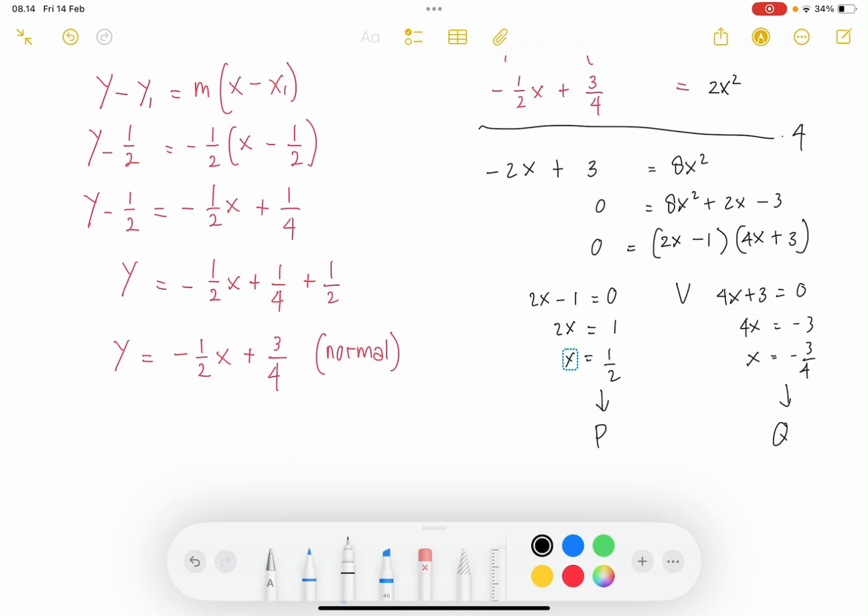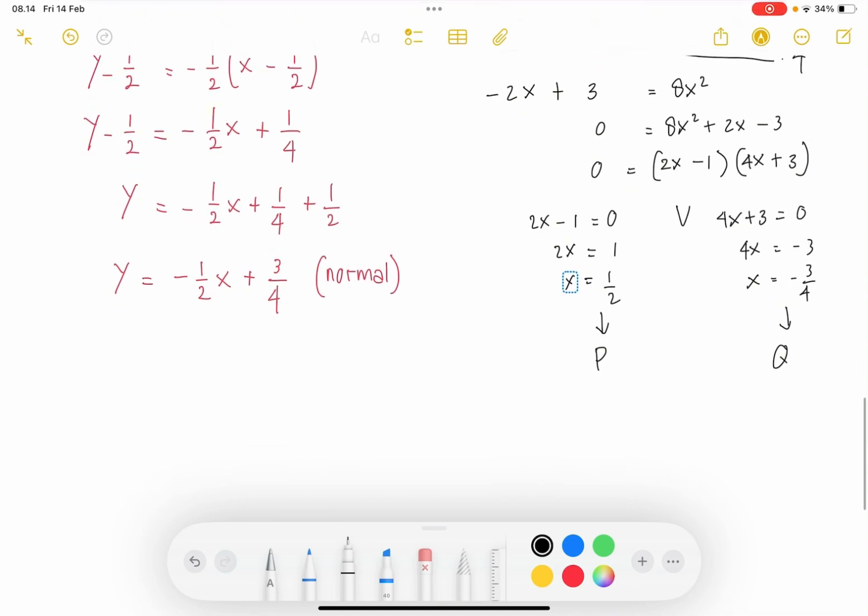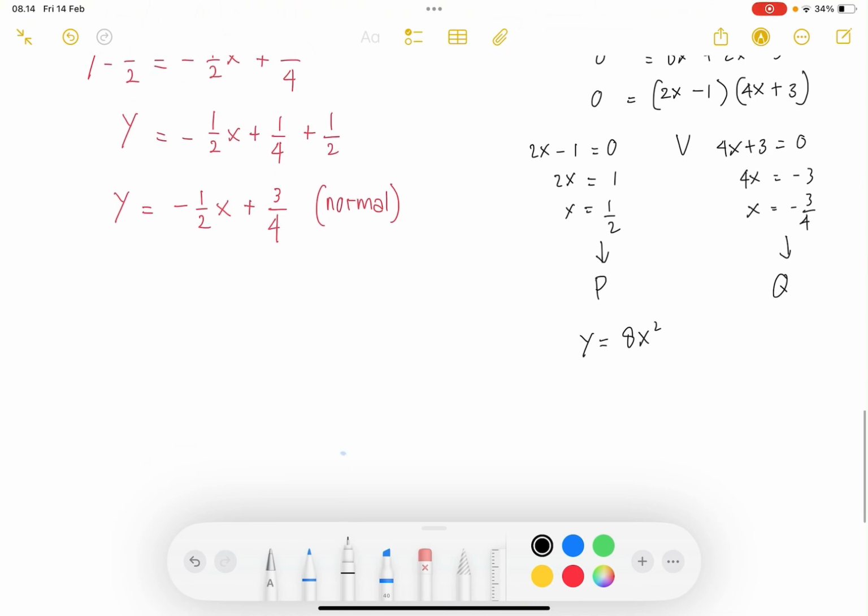Okay, now you have found the x coordinate of Q. So now we're going to find the y, right? So just substitute. For me, I will substitute in the curve, because they intersect each other, so no matter where I substitute the x, it will still be the same.